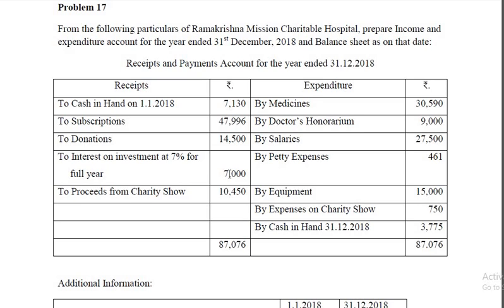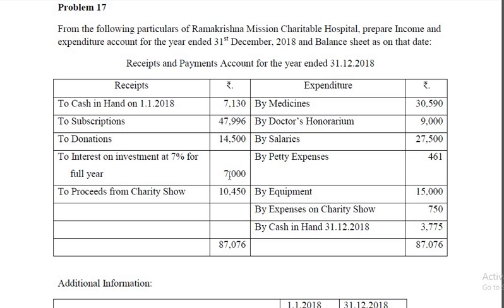Interest on investment at 7% for full year, 7,000. So for the full year you will get 7,000, but what is the principal amount? What is the value of investment? So 7,000 divided by 7 into 100. So 7 is equal to 7,000. What is 100? That way you have to calculate the principal value of investment.